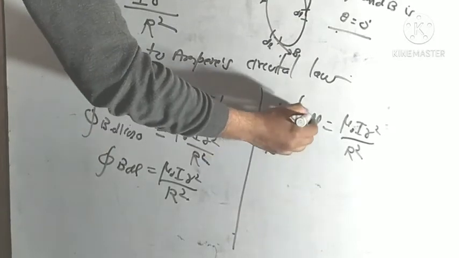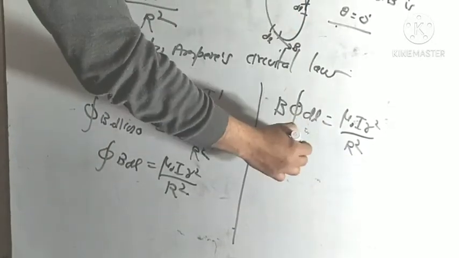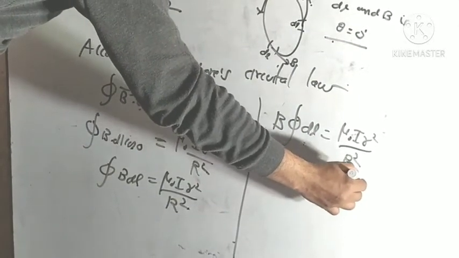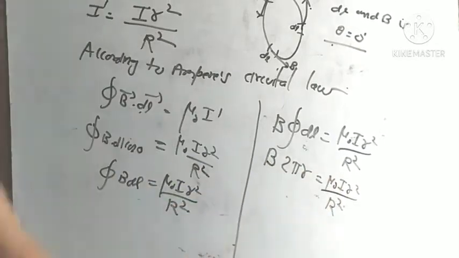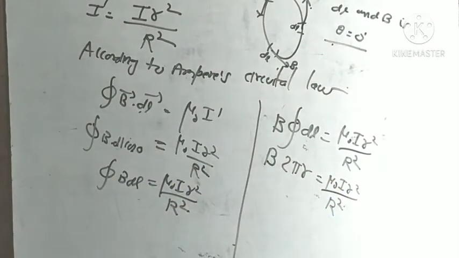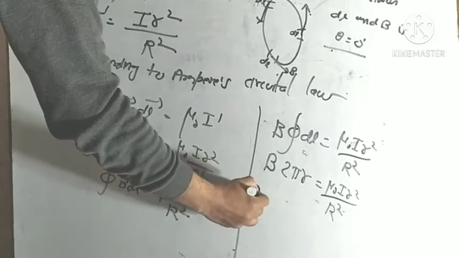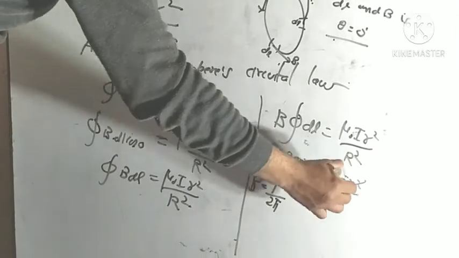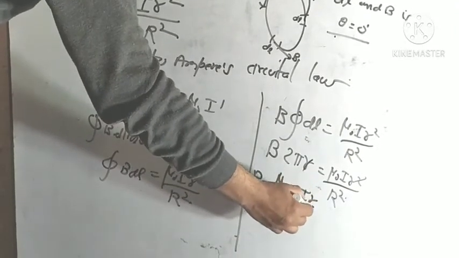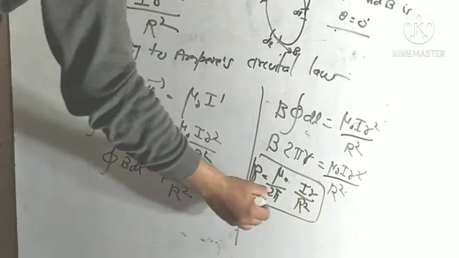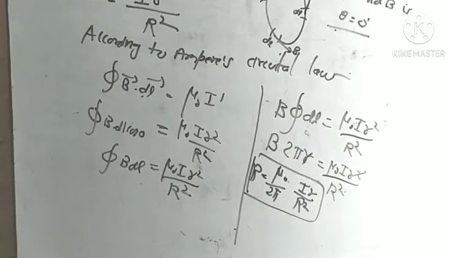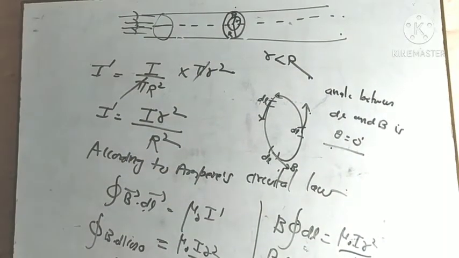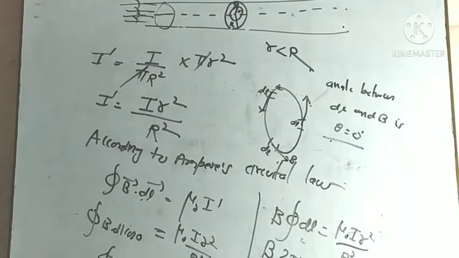So B is equal to mu naught upon 2 pi, I r upon R square, as r and r cancel here. This is the magnetic field at point P inside this conducting wire.